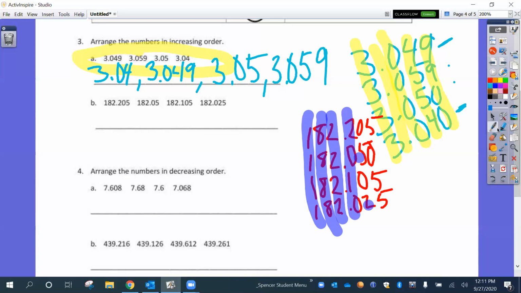Well, the one that has 2 in the hundredths place is smaller than the one that has 5 in the hundredths place. So let's write that bottom number first. So that's our first number. This will be our second number. All right, so let's write those quickly down. 182 and 25 thousandths. That was a bad 5, wasn't it?